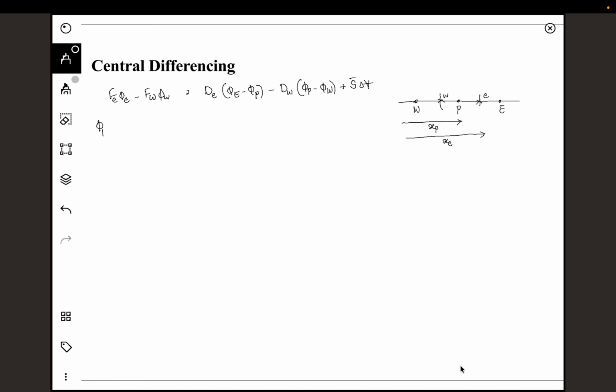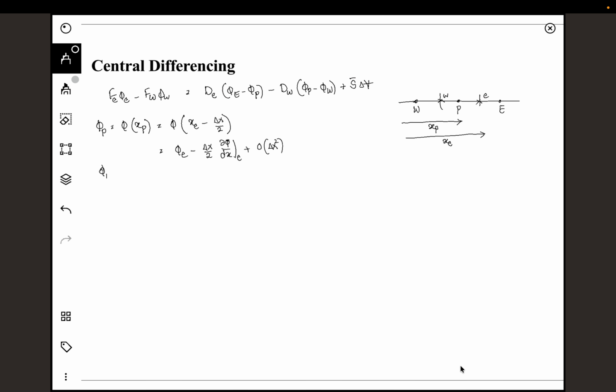I can write phi p. This will be a better way. Phi p is basically phi of xp, which I can write with xp as xe minus delta x by 2. If I write it in this particular form, I'll have phi of xe minus delta x by 2 del phi del x calculated at east face, which is second order accurate.